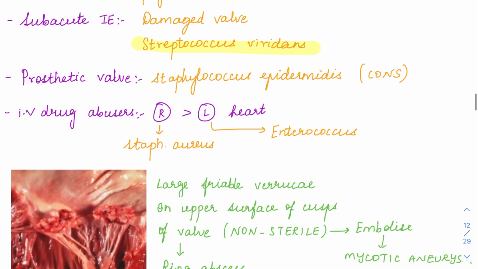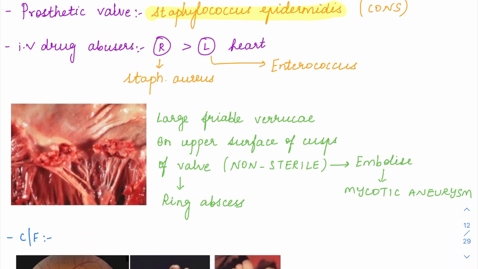Suppose the patient already has a prosthetic valve. On that, the infection most commonly associated is Staphylococcus epidermidis, which is a coagulase-negative organism. Then in IV drug abusers, they usually inject through the veins, so it is going to enter through the right heart.